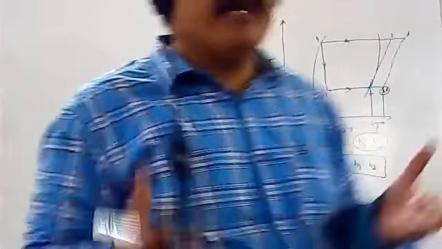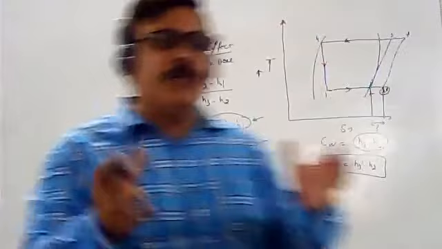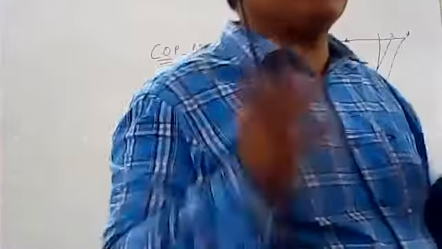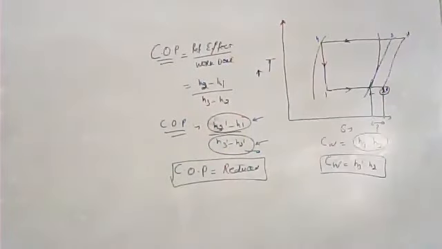So when work done by the compressor is increased, the overall efficiency, COP, coefficient of performance of the cycle will get reduced. So this will be the effect when your refrigerant is in superheated state after the evaporation process. Note on it. Hurry up.